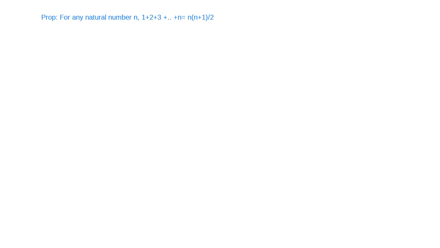But let's prove by induction anyway. So prove by induction. All right, 3 steps. First step, P of 1. Remember, P of 1 is a statement. P means a statement, right?